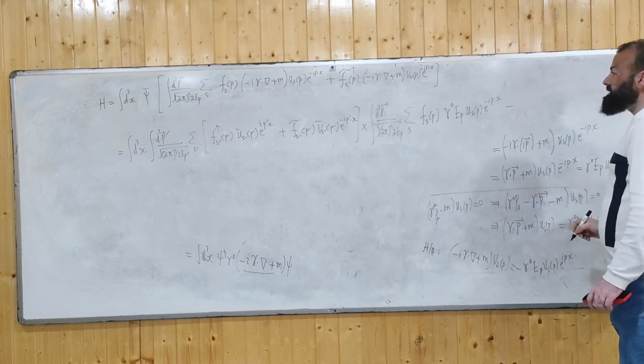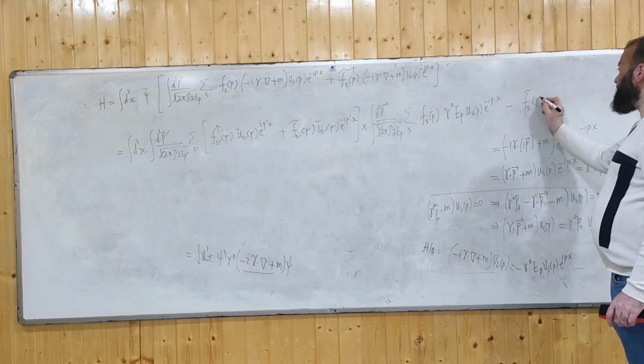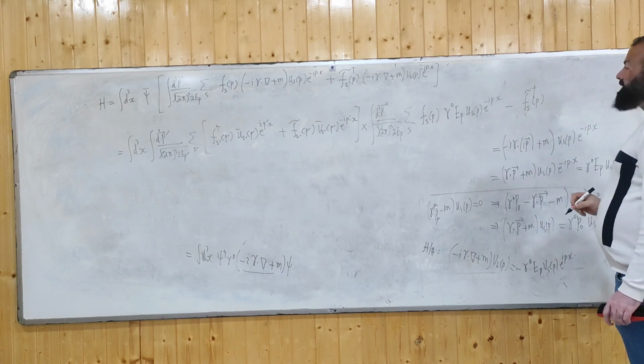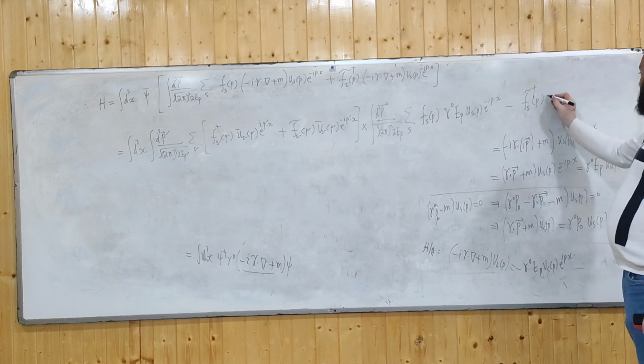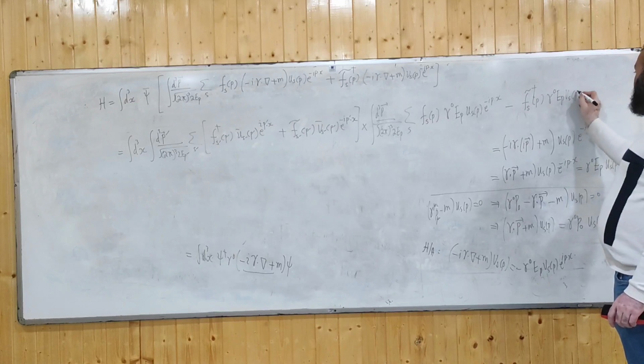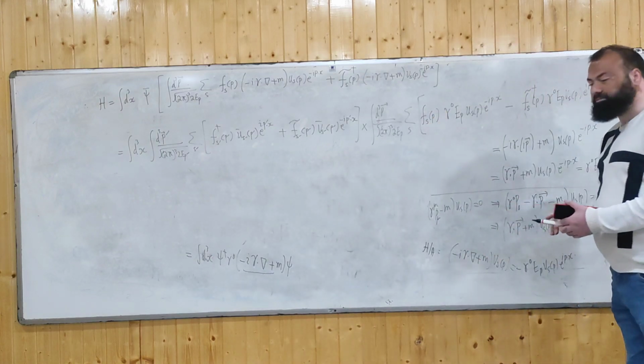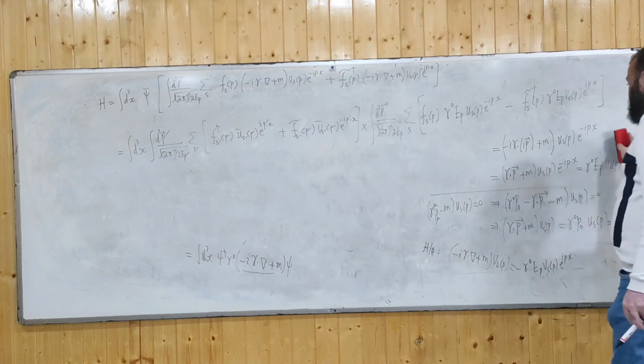Then you are having minus f̃-dagger_s(p), then this object as γ^0 E_p v_s(p) e^(ip·x). Okay, clear? I have just substituted the values.